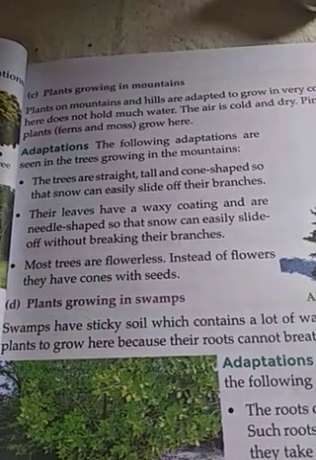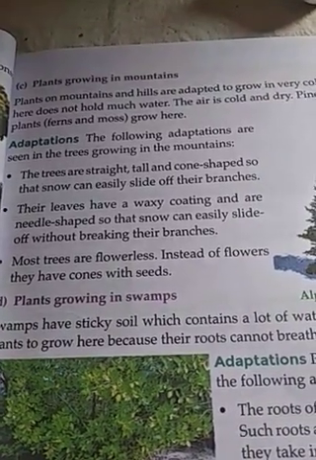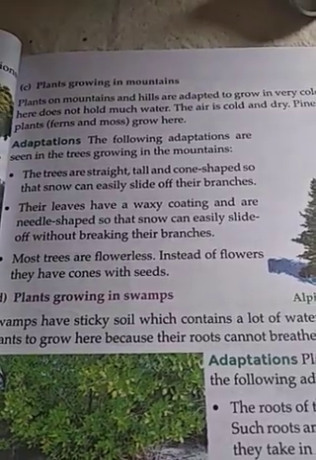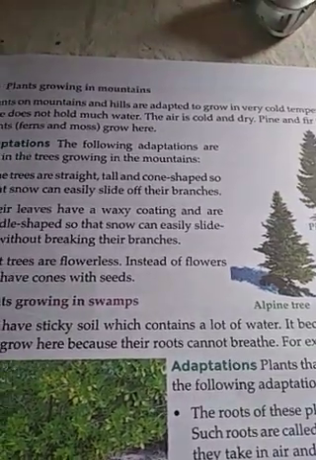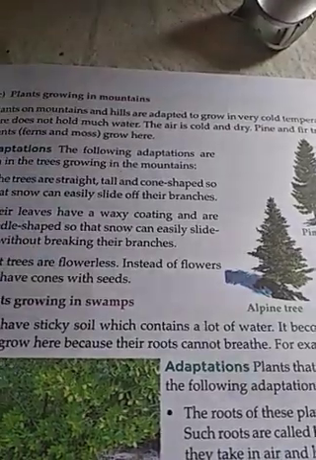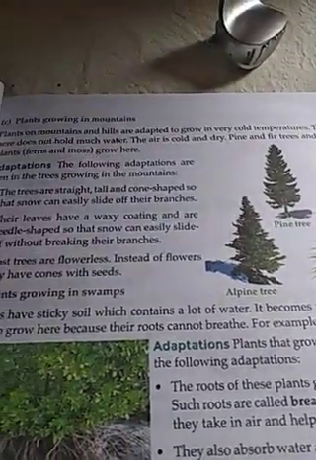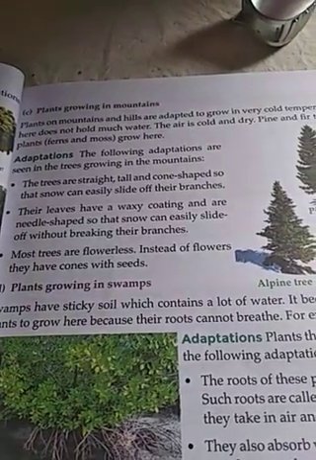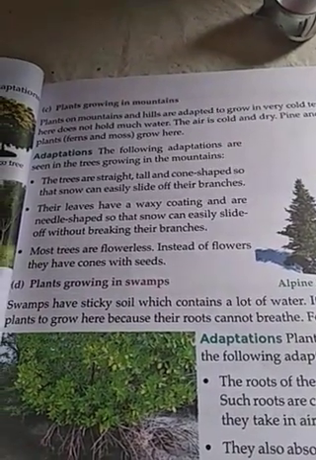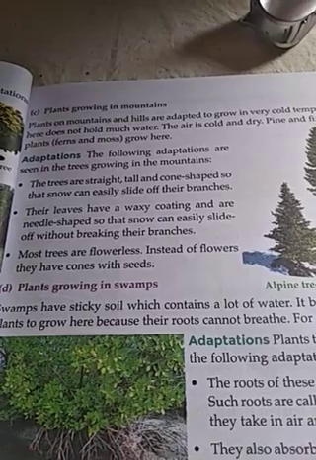Now, plants in mountains and hills adapt a lot to grow in mountain region because the climate is very cold there and air is also dry, and in winters a lot of snowfall is there in those regions.